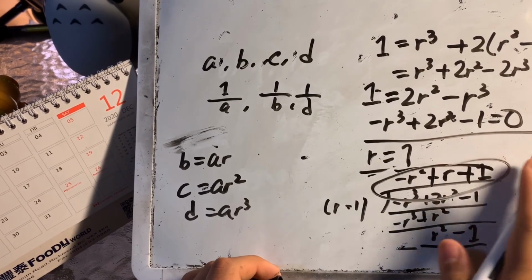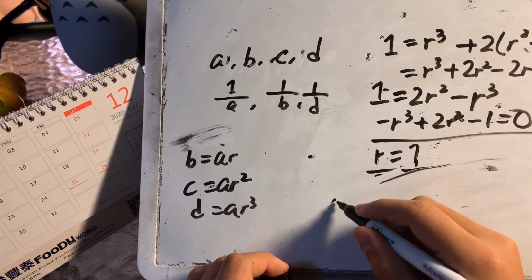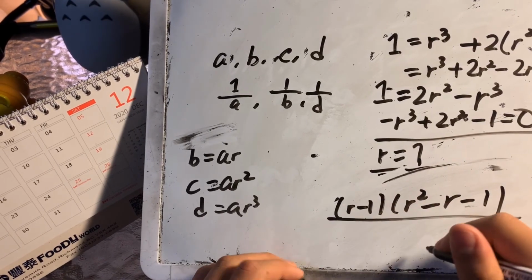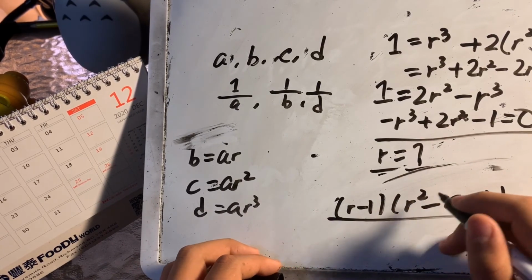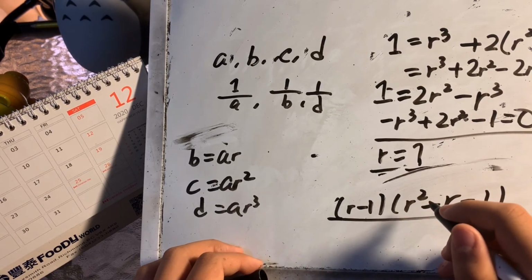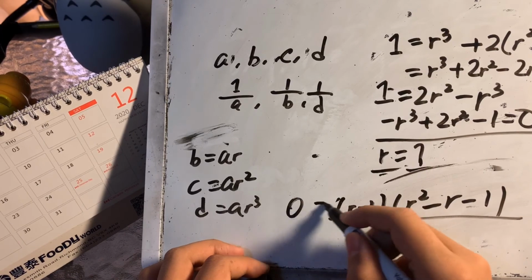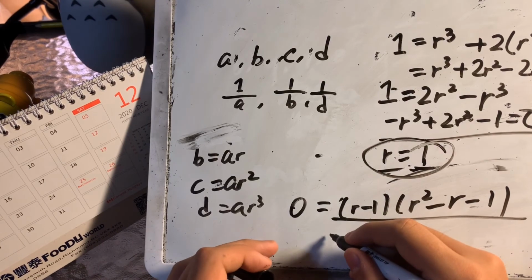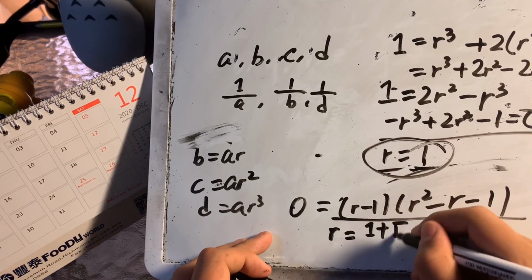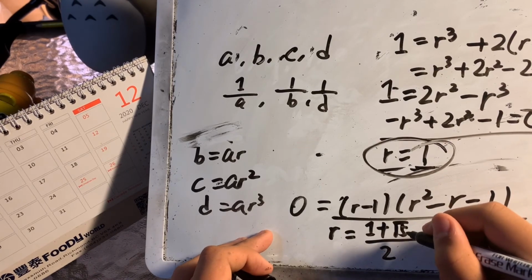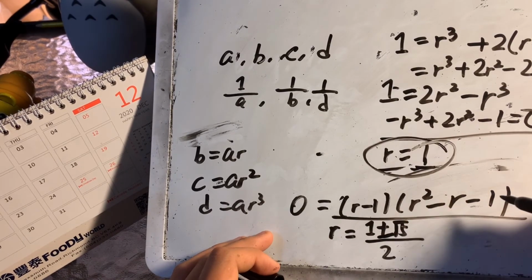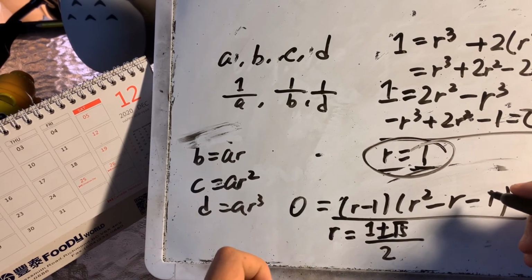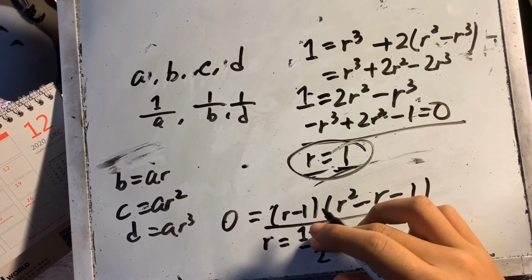So we get negative r squared plus r plus 1, which is equivalent to this. So we have one solution at r is equal to 1. Then we determine the other two solutions, which, if you have a calculator, you can just call it out easily. It is this. Let's see, we want A, B, D both positive. Root 5 divided by 2.